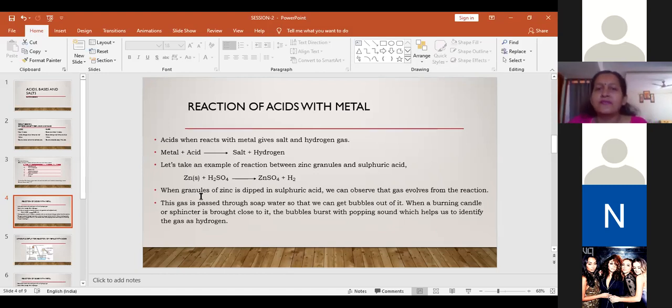But in vinegar, there is only 3 to 5% of acetic acid and the rest is water. So it is highly diluted. That's why it is considered a weak acid. Okay, thank you.